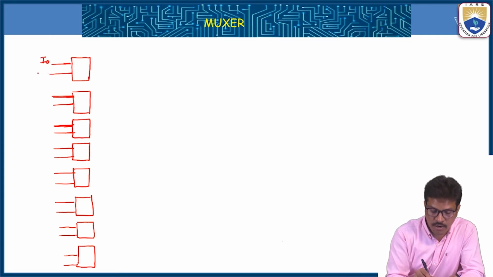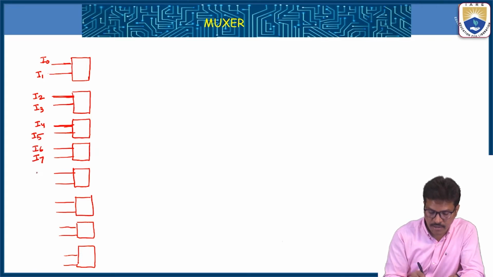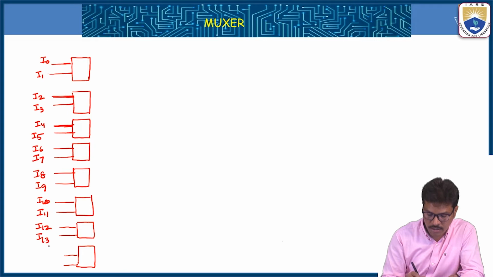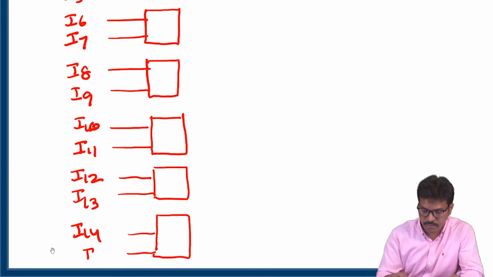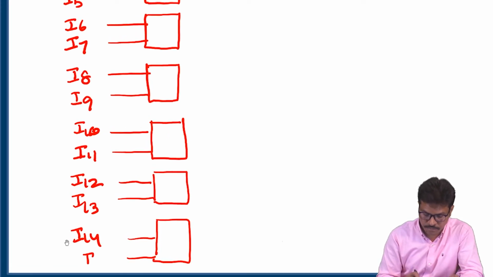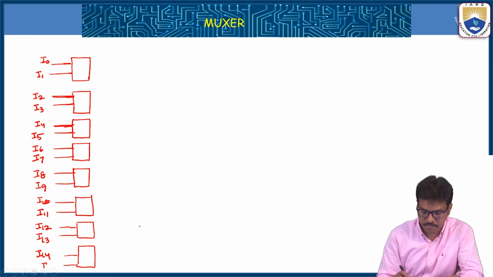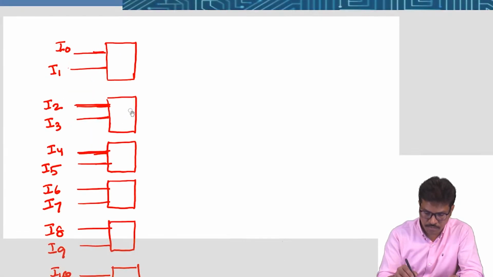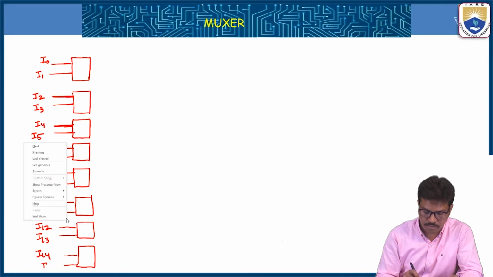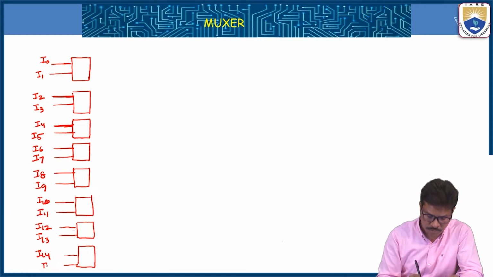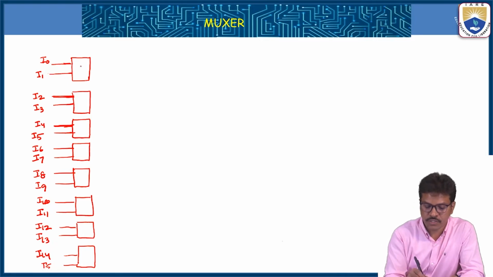So we can take I0, I1, I2, I3, I4, I5, I6, I7, I8, I9, I10, I11, I12, I13, I14, I15. So it is a 2 by 1 multiplexer.